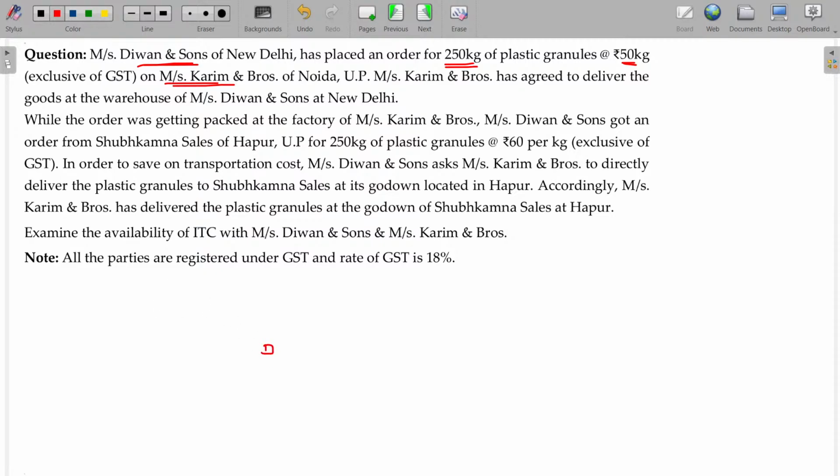Diwan placed order from Karim, 250 kg at rupees 50 per kg. He is in Delhi and Karim is in Noida.